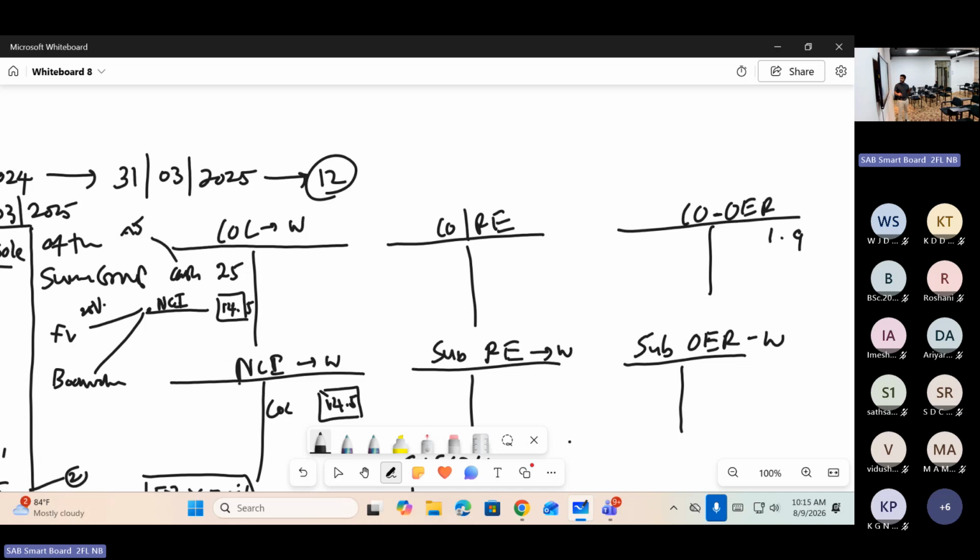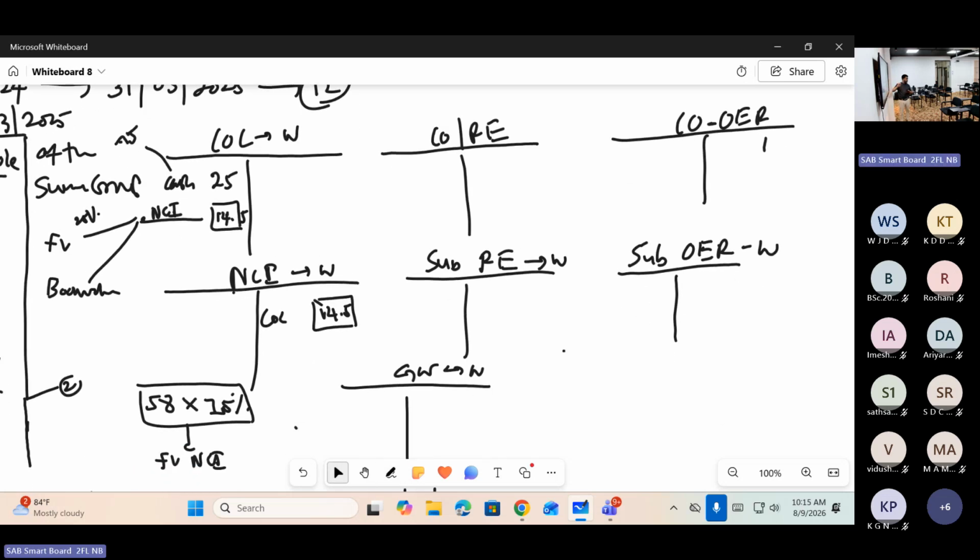Retained earnings 3.4. This is console other equity reserve. That's the opening balance sheet.